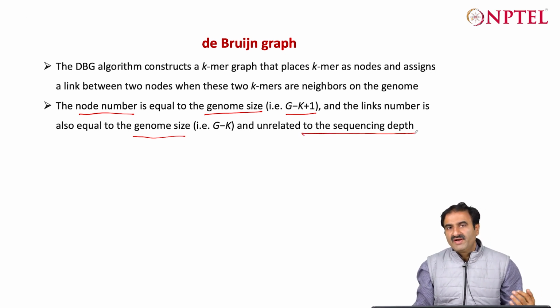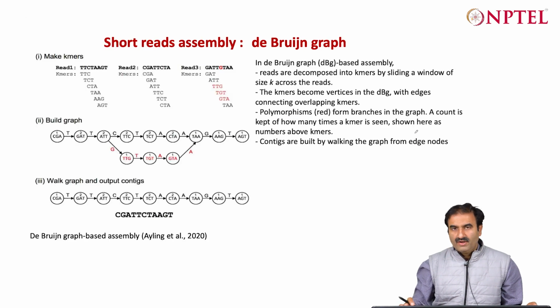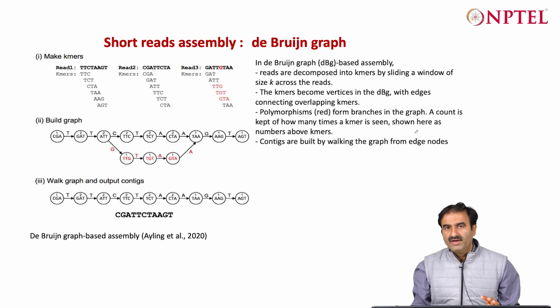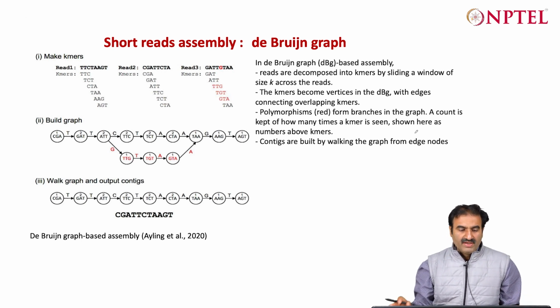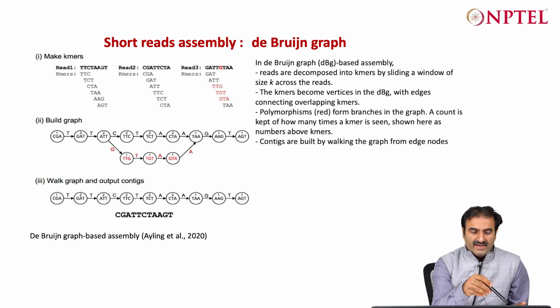So even if you have generated a massive amount of data, it will not increase the number of nodes in your graph. Initially you may need a lot of RAM and computing, but later on the assembly is not difficult.